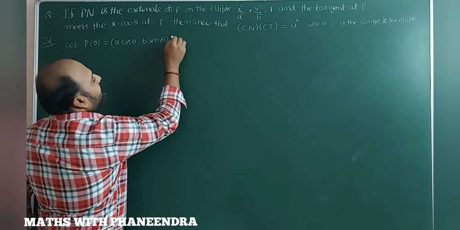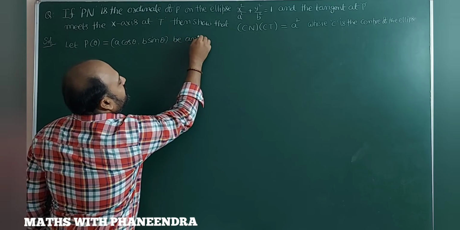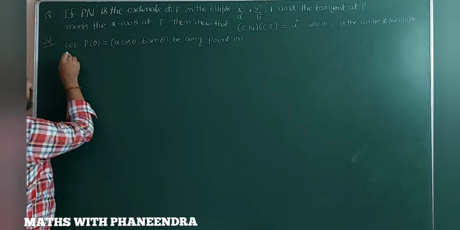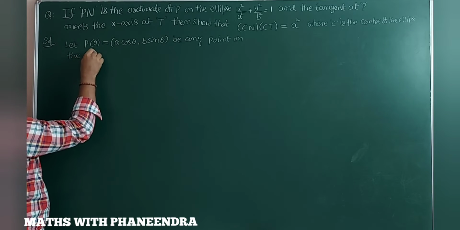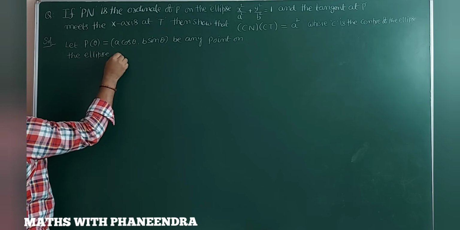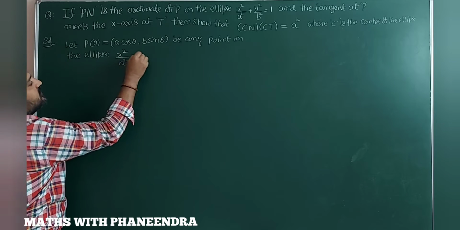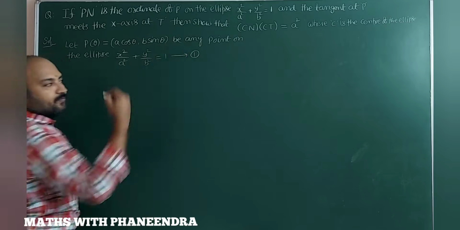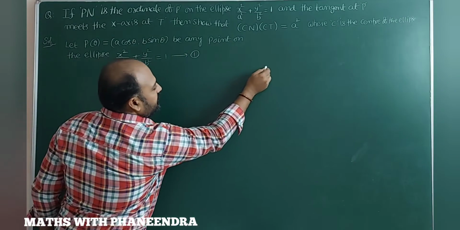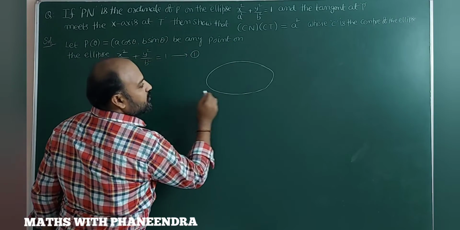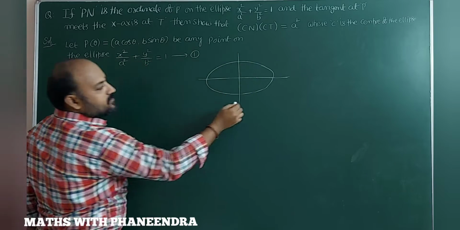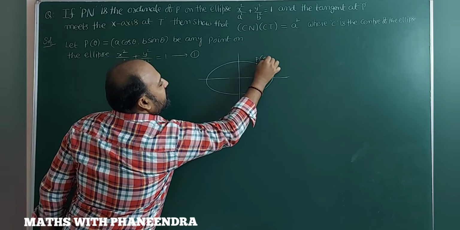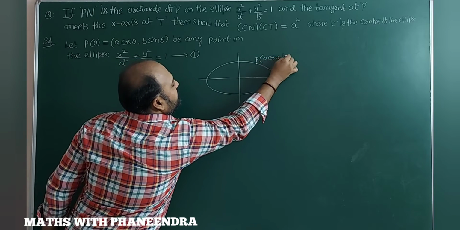P of theta be any point in the ellipse x square by a square plus y square by b square is equal to 1. So from the figure, this is the ellipse equation, ellipse curve. Here I am taking the point P of theta, (a cos theta, b sin theta).